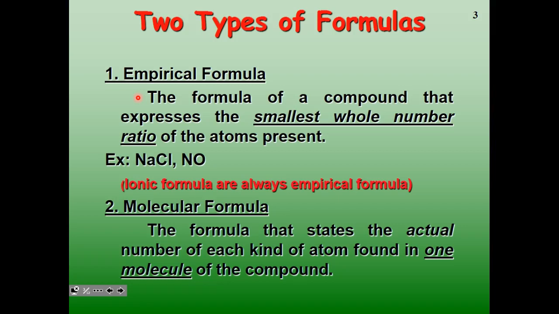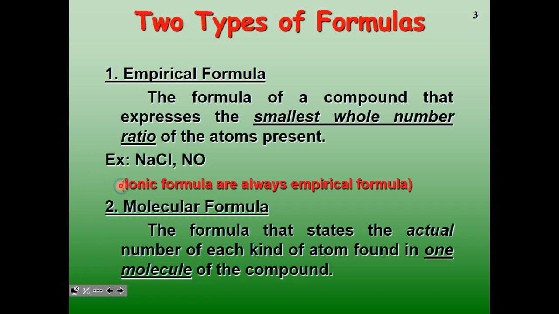Okay, so you look at the subscripts, and the subscripts are in the smallest whole number ratio. For example, sodium chloride, NaCl. We have sodium to chlorine in a 1-to-1 ratio. Another example would be nitrogen monoxide. Again, nitrogen to oxygen, this time in a 1-to-1 ratio. So any formula where the subscripts are in the smallest whole number ratio, we would call that an empirical formula.